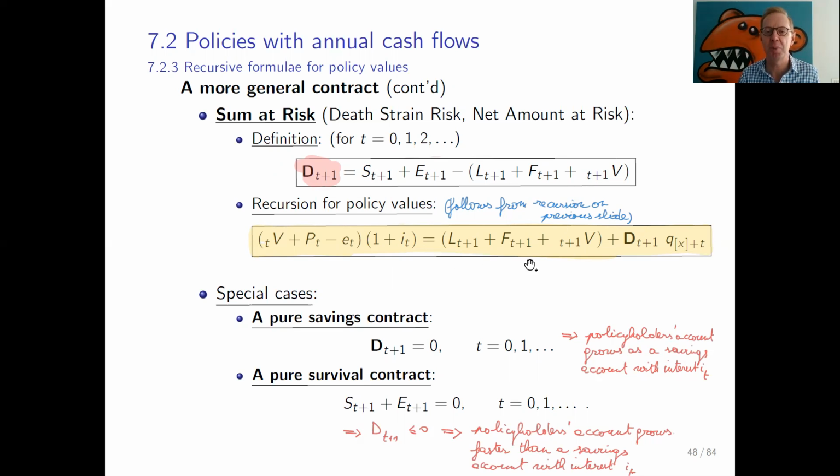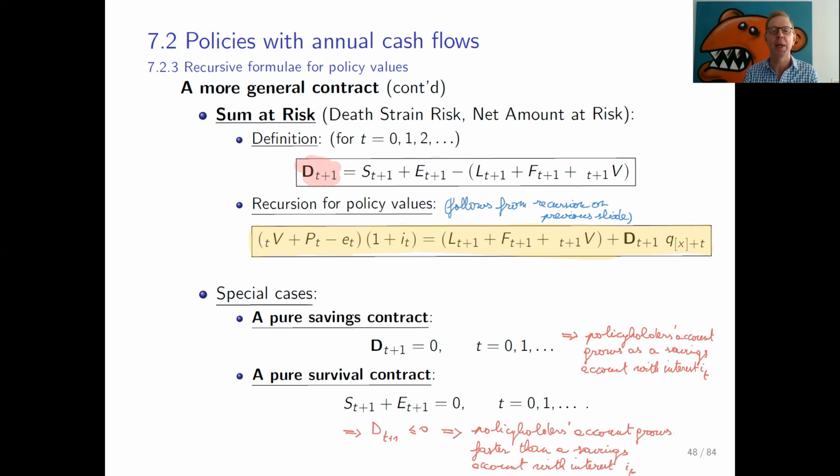If this first part is for everyone, then for the dyers we do not need ST plus 1 plus ET plus 1, but only ST plus 1 plus ET plus 1 minus this correction. So in the end, that means indeed that on the right hand side, this is what is required at time T plus 1. What is the expectation of what is required at time T plus 1?